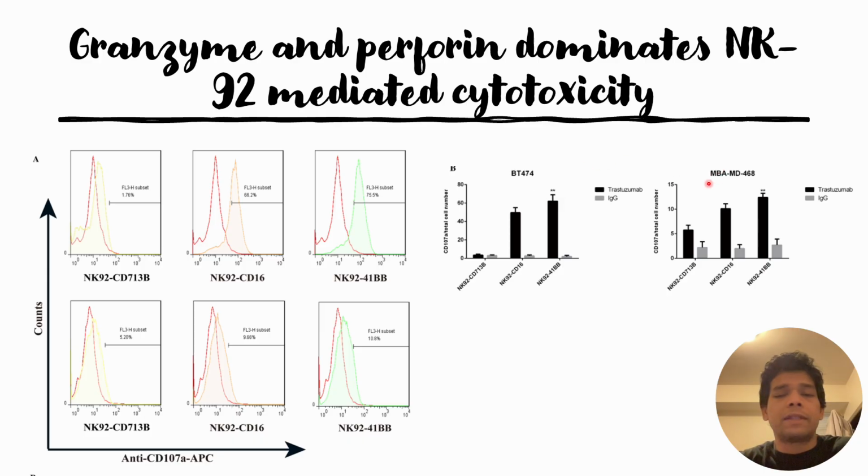This is how they validate it, and in the supplemental figures they also present the results for other pathways, such as FasL, that we discussed when we were discussing the previous papers that also discuss NK-92 mediated cytotoxicity. Just like the previous paper, this paper also comes to the final conclusion that it is Granzyme and perforin that dominate the NK-92 mediated cytotoxicity compared to the FasL death receptor ligand.